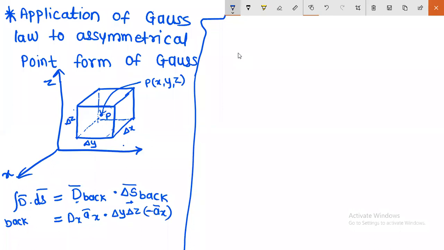So remember this because sometimes the mistakes may happen here. Okay, it is not for flux density. Okay. So again, a bar x dot a bar x is equal to 1, but the sign will be negative here. So this equation becomes minus dx into delta y and delta z.